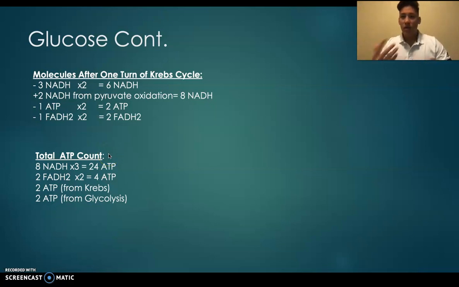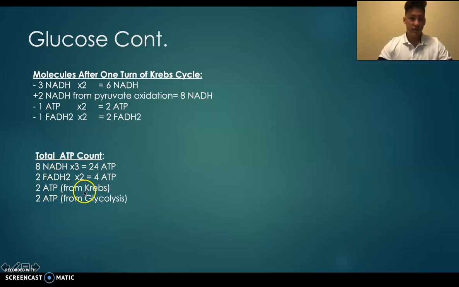Now, to get more ATP, we need to put the FADH2 and NADH into the electron transport chain. For every NADH, we can yield 3 ATP, and for every FADH2, we can get 2 ATPs. So if we go 8 times 3, for ATP we have 24, and 2 times 2 is 4 ATP.